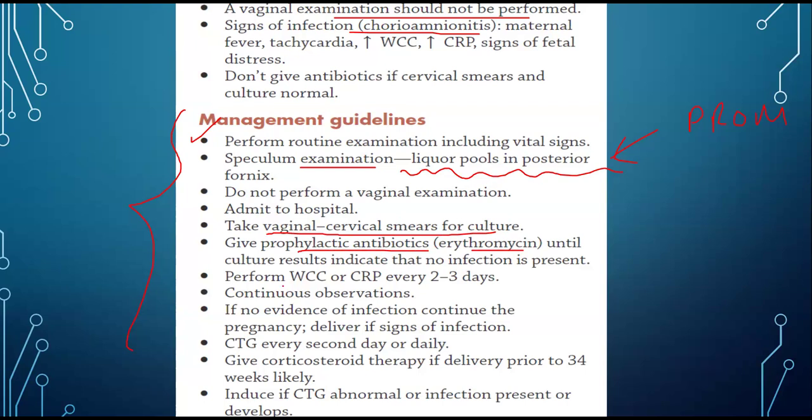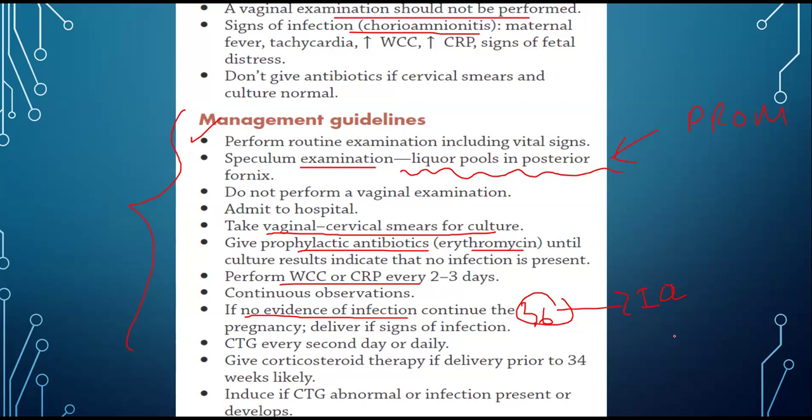Then you need to continuously check the blood for any sign of infection. If no evidence of infection, you can continue the pregnancy until 36 weeks. If by 36 weeks there is no onset of labor, then you will do induction of labor.